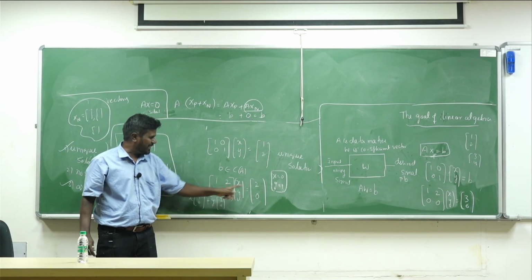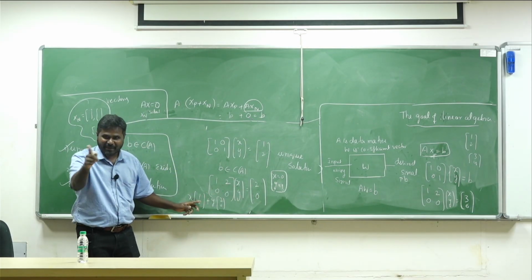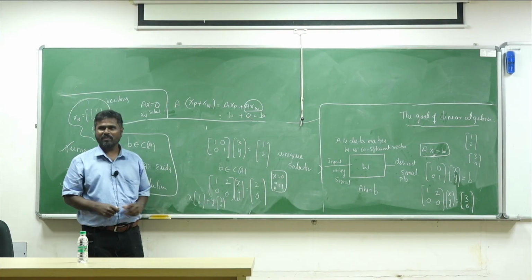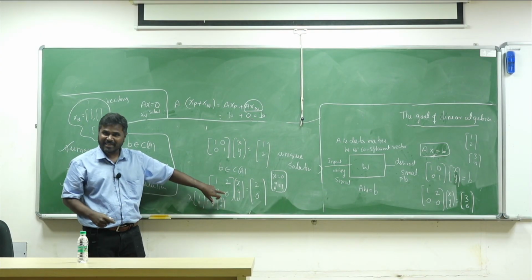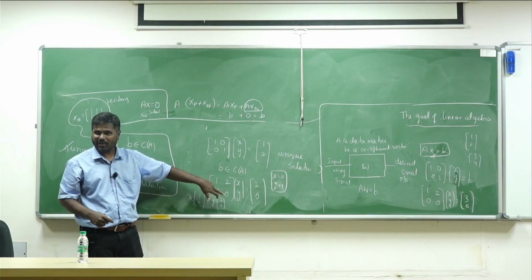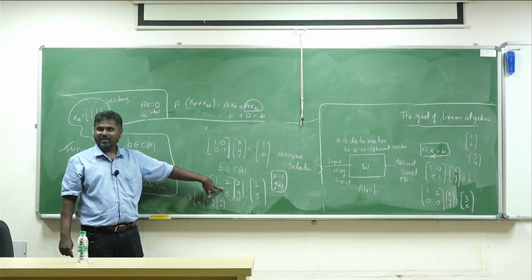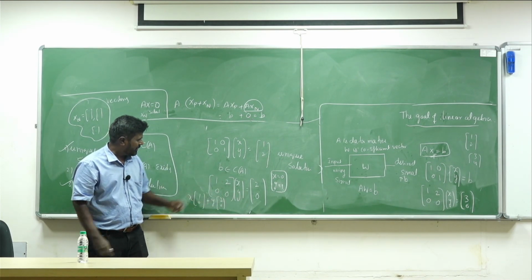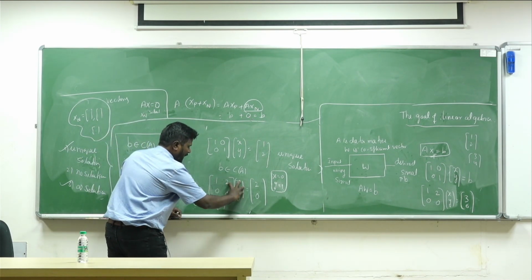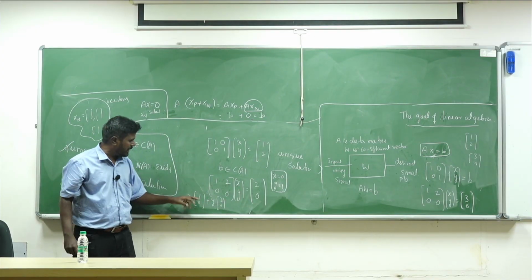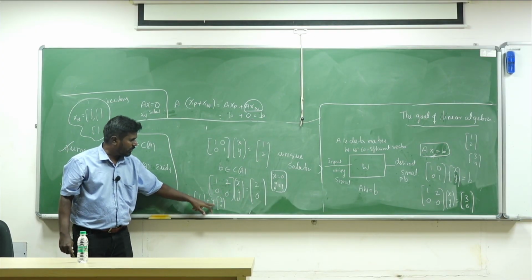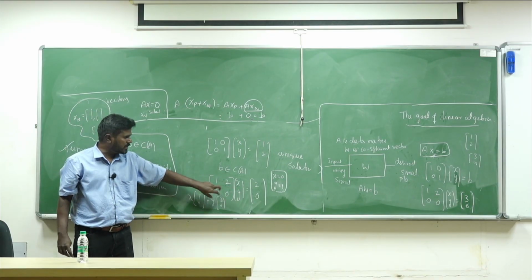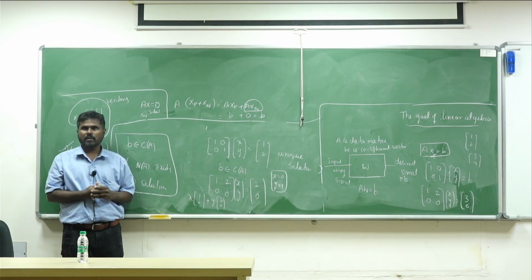For this b, see, one of the vectors in the column space is (2, 0). See, the (2, 0) is appearing here itself in the columns. How do you see what is this Ax? Ax is basically x into this plus y into this. You can write this as the linear combination of the vectors.